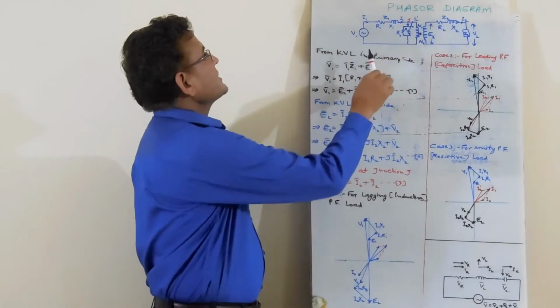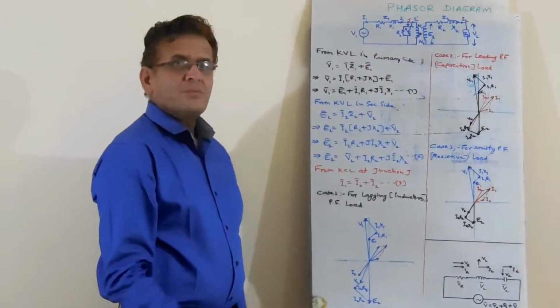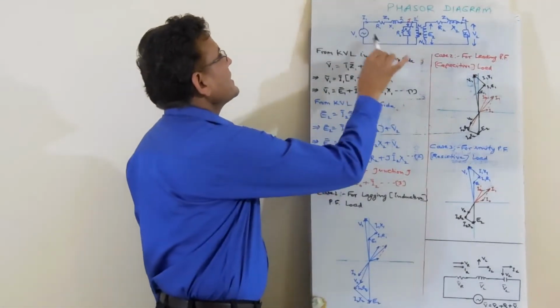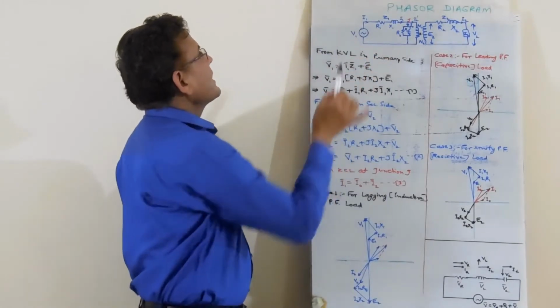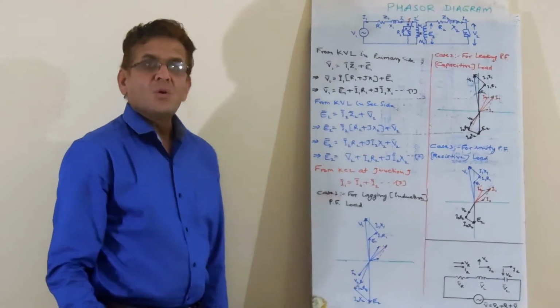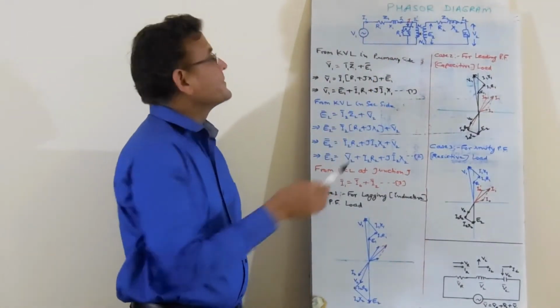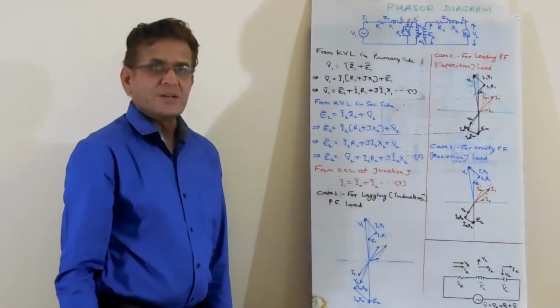Now from this equivalent circuit, first in primary side, from KVL in primary side, applied voltage is V1 and this applied voltage is equal to vector sum of voltage drop in Z1, that is I1 Z1, and voltage across primary winding E1.